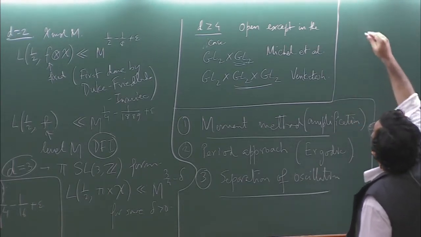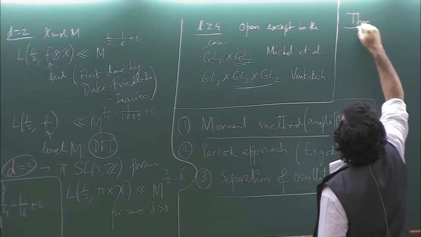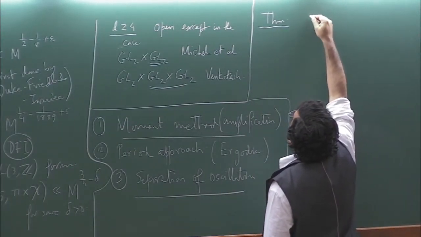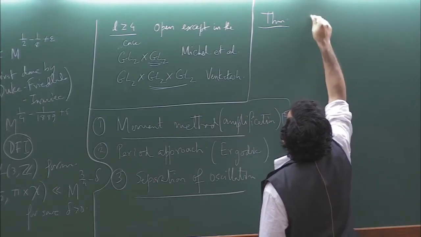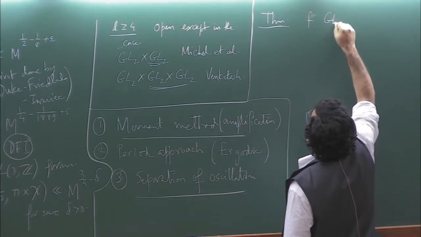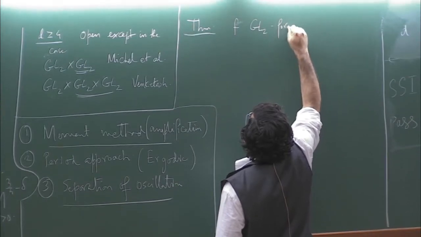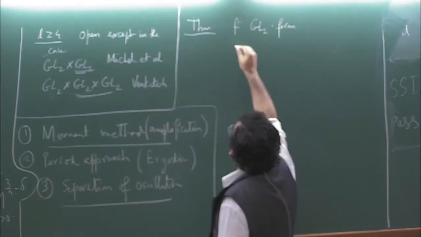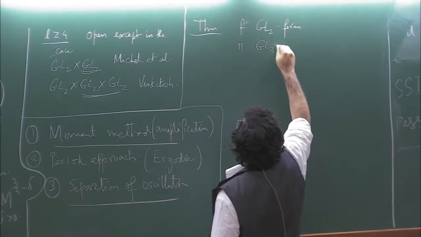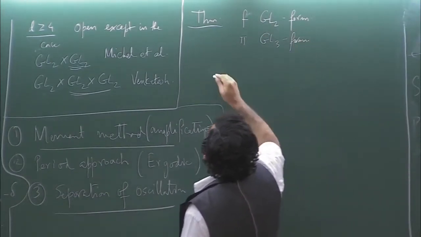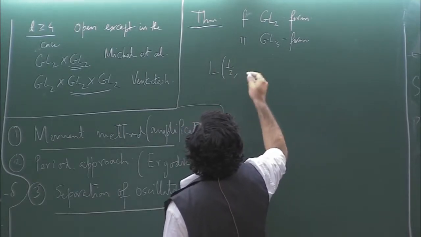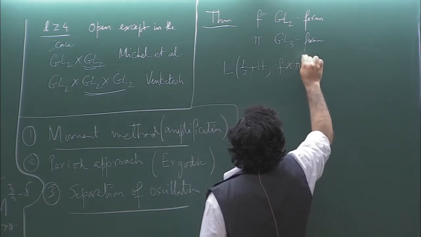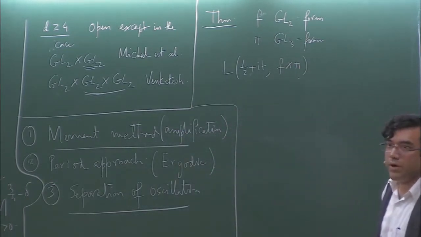And the new theorem that I want to mention is when you take F, a GL2 form, so it can be a modular form or Maass form, and pi a GL3 form. So look at L(1/2 + it, F cross pi), the Rankin-Selberg convolution of F cross pi.